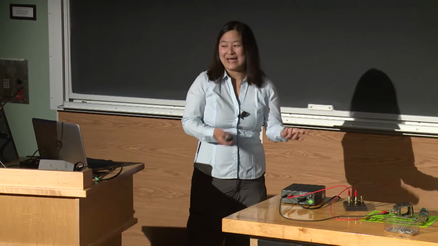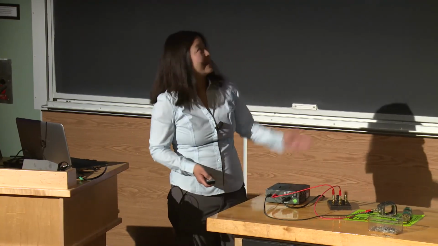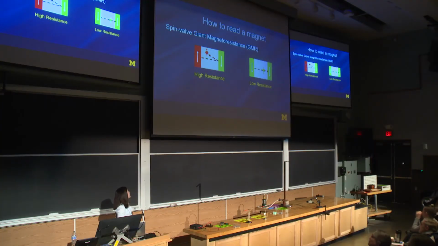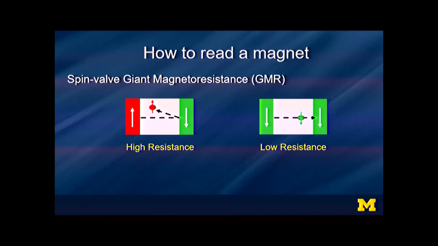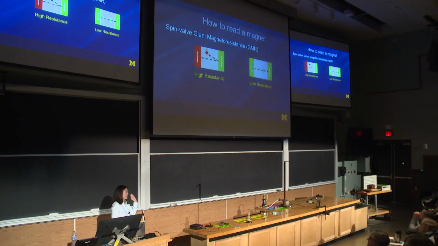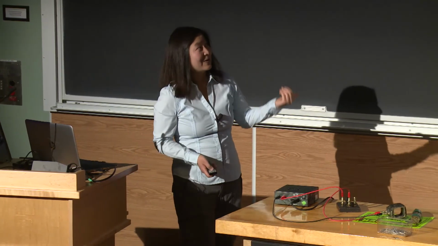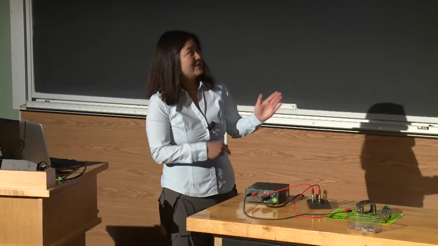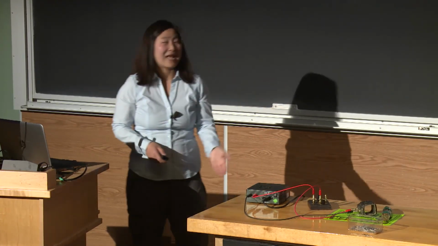The way to understand that is that in the situation on the left, you have some spin polarized electrons coming from the fact that the magnet is magnetized up, and when those spin polarized electrons come to the magnet that is magnetized down, they feel a filtering effect. So they get scattered and they don't go through. That is why you get high resistance, as compared to the other situation where the two layers are parallel, where you can have a low resistance.